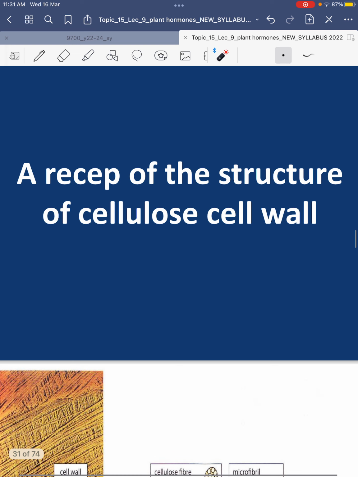Right, before we talk about the mechanism of auxin, we need to recap again the structure of the cellulose cell wall. We did some recap on this yesterday when we talked about the Venus flytrap.